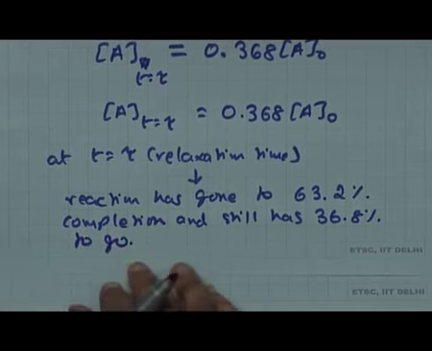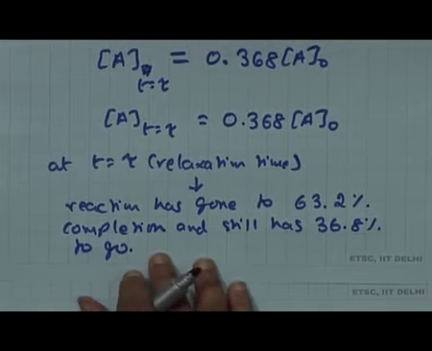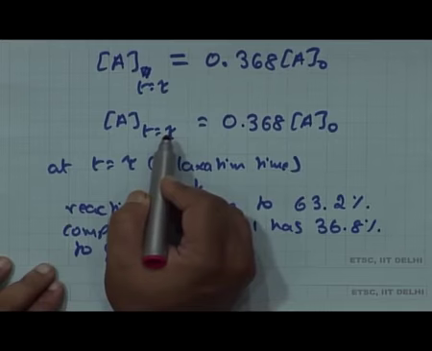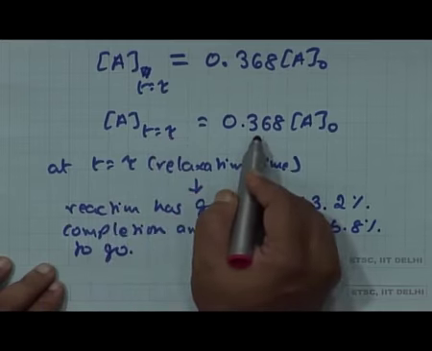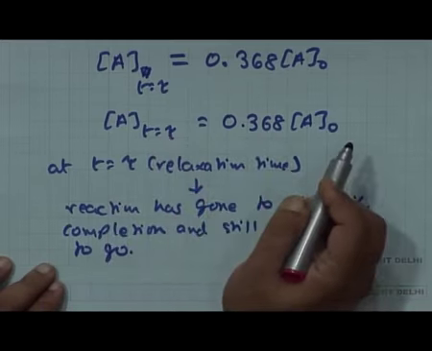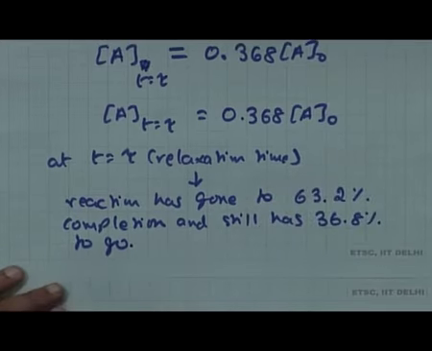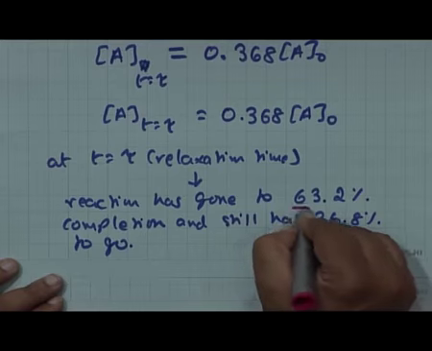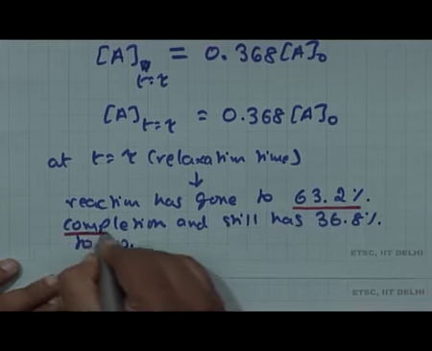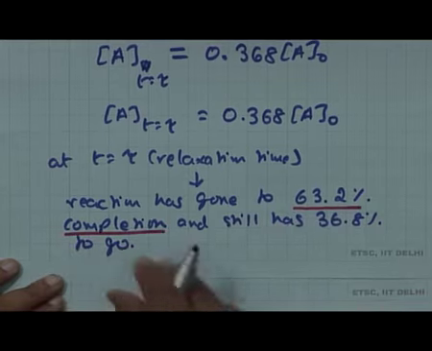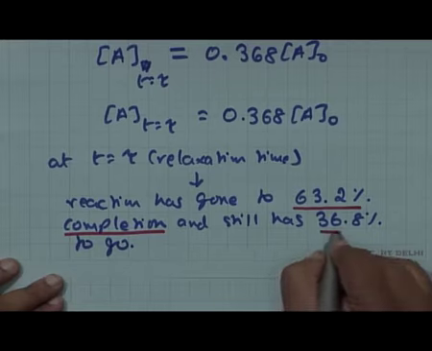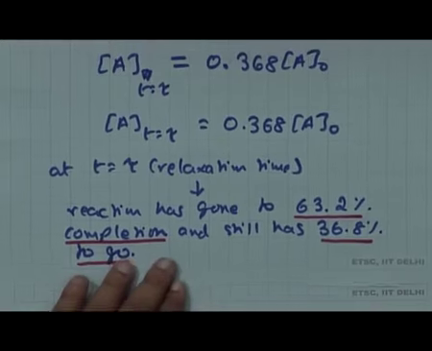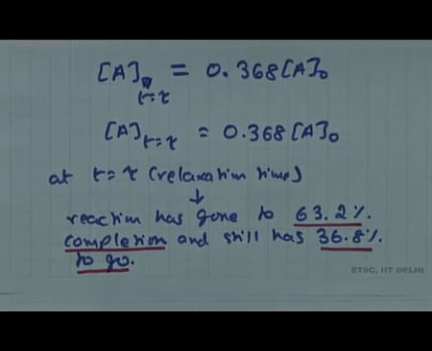So, again, what is this relaxation time? It is the time where the concentration of A at t equal to tau has decreased to 0.368 of A naught, and in words it means that the reaction has gone to 63.2% completion and still has 36.8% to go. So, that is the definition of a relaxation time.